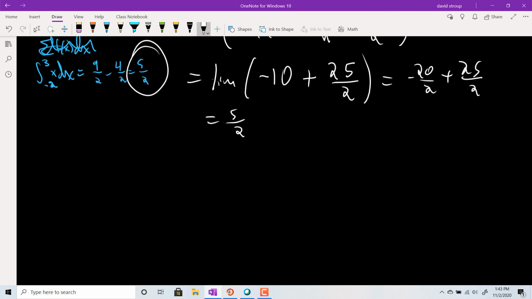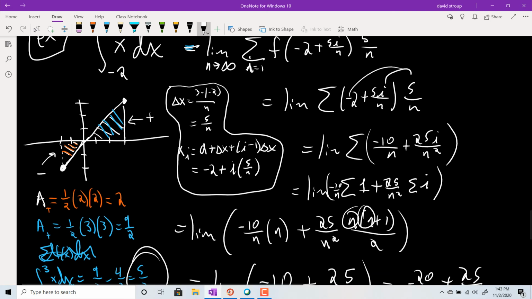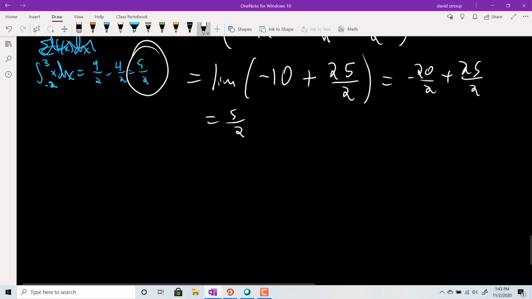if you're just worried strictly about finding area underneath the curve, you can't really use these things unless your function is non-negative. Okay, so there's a theorem in the book, theorem 5.5.